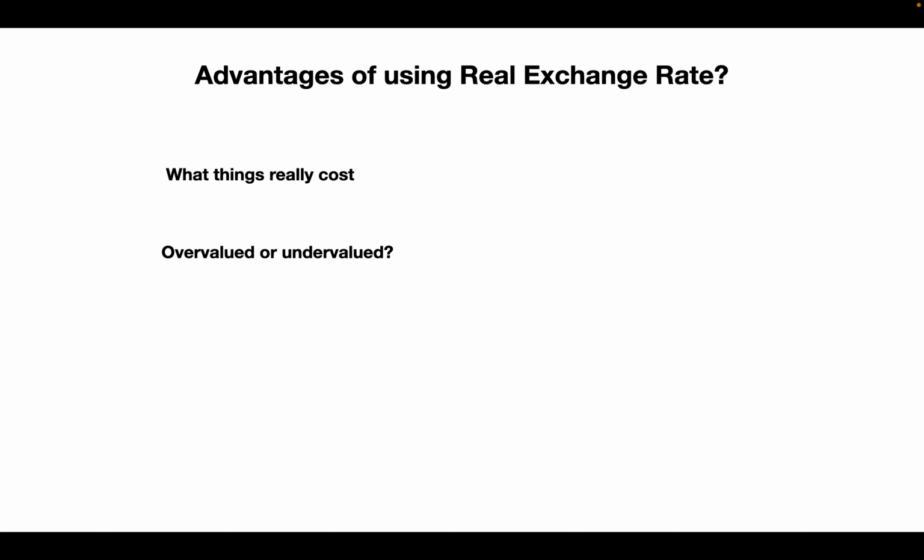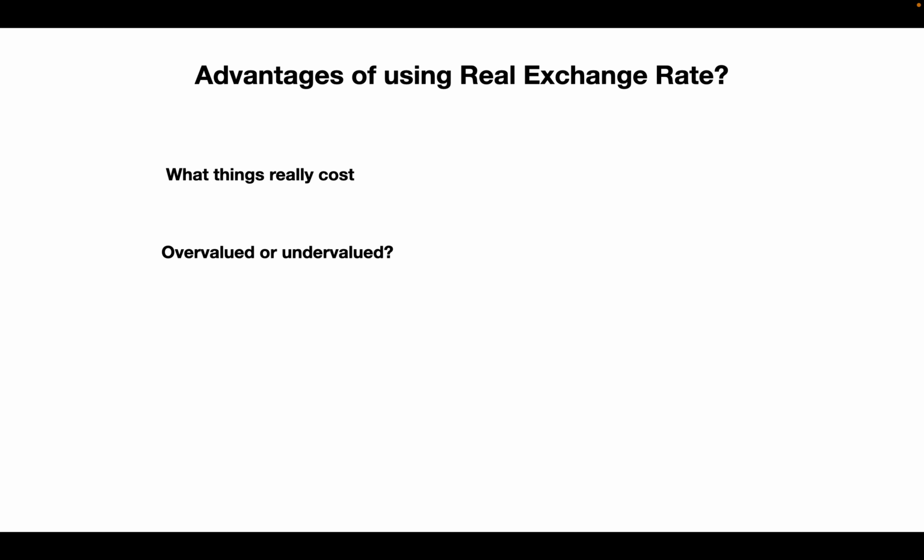So what are the advantages of using real exchange rate? By using real exchange rate, we can know what things really cost. Suppose that you want to travel to another country, let's say the United States, and you want to buy a meal, like a McDonald's or Burger King combo, and you want to know if the same combo in the United States is cheaper or more expensive.